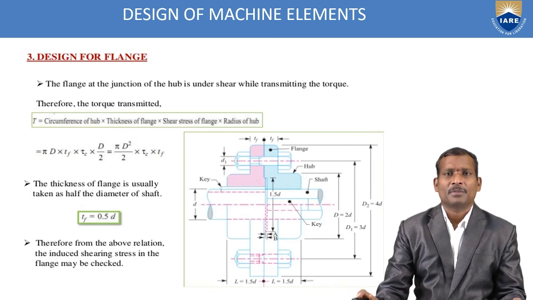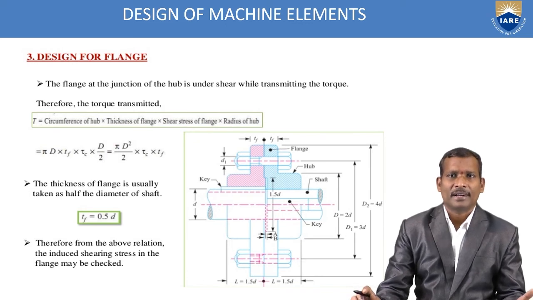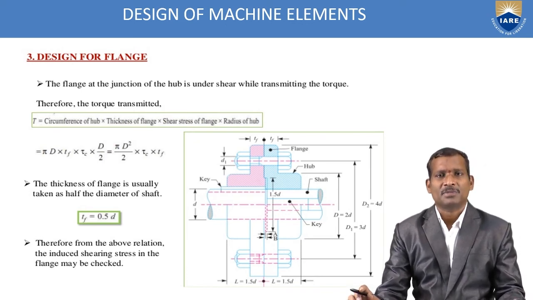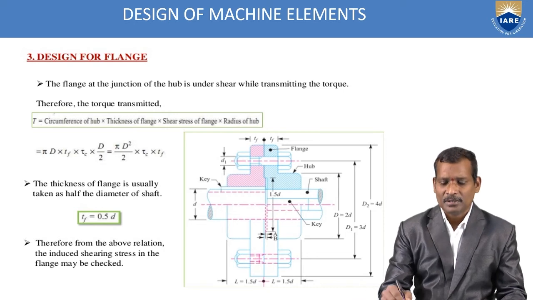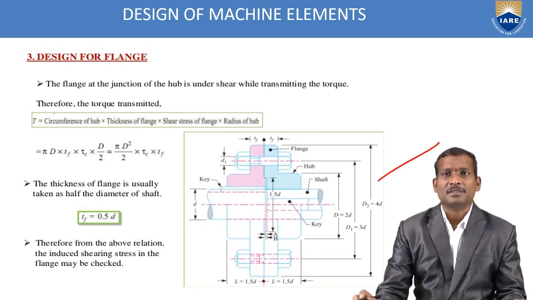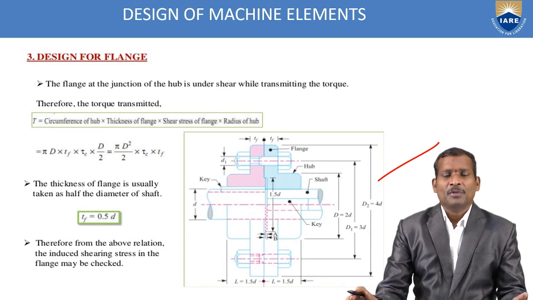Next one, third step is design for flanges. The flanges at the junction of the hub are under shear while transmitting the torque. Here, as shown in the figure, the dimensions of the flanges are given. So what is the torque transmitted? How to calculate?